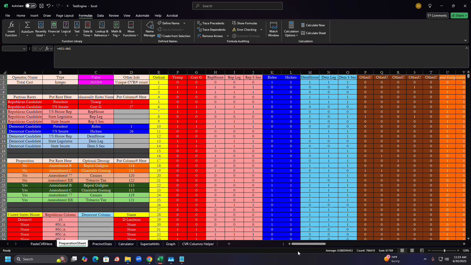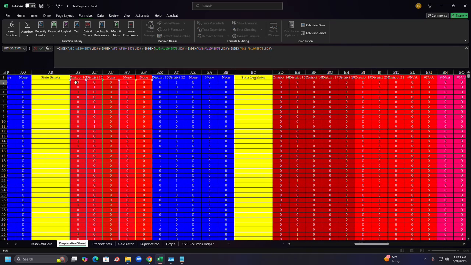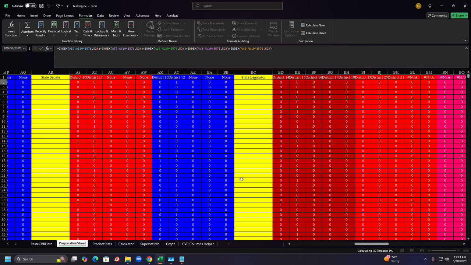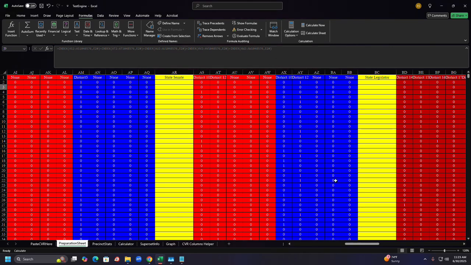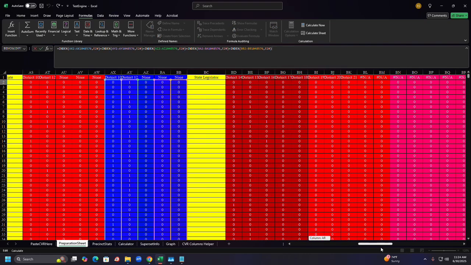Then what it does is it combines that into one state Senate column, and it just adds all the row for the Republicans. And likewise, it adds the row for the Democrats, okay? So then it doesn't matter which state Senate district it is. It's just Republican or Democrat, okay?